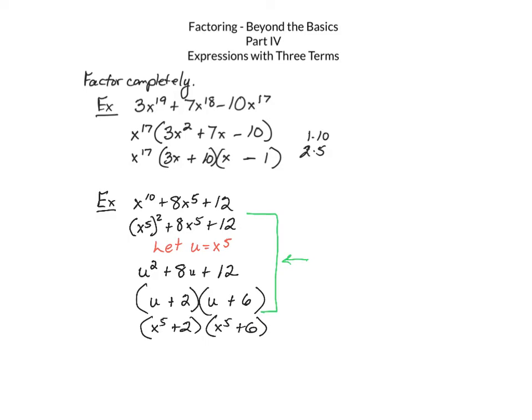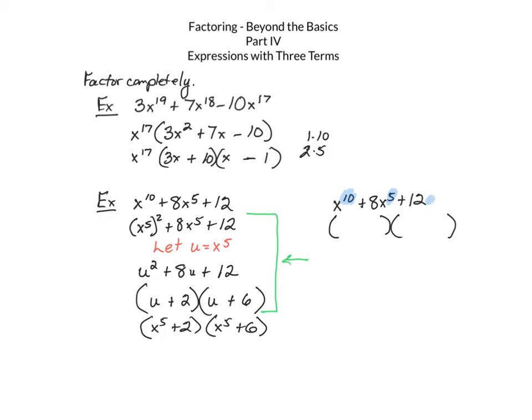So in this particular problem, with the x to the 10th plus 8x to the 5th plus 12, I would just simply set up these sets of parentheses when I recognize it's quadratic in form. And I know it's quadratic in form when this exponent, let me highlight it for you, this exponent right here is double this exponent right here.